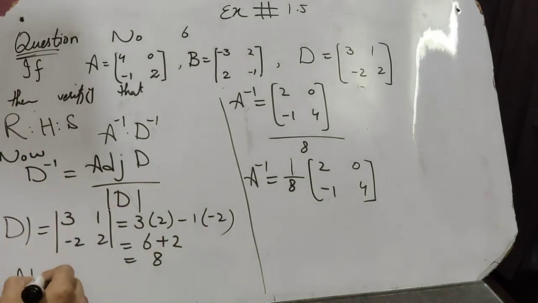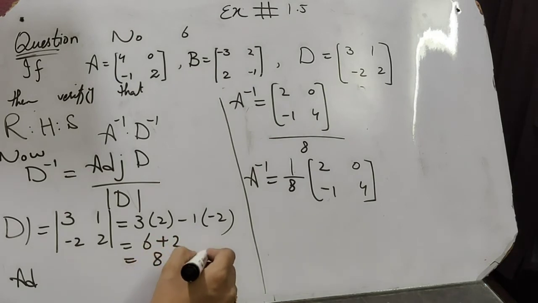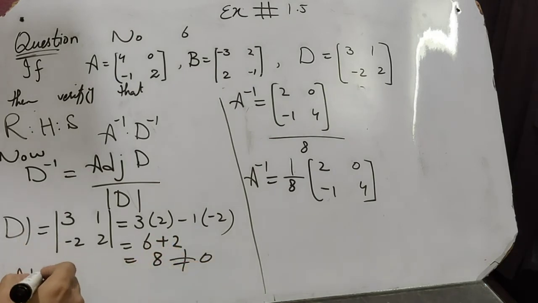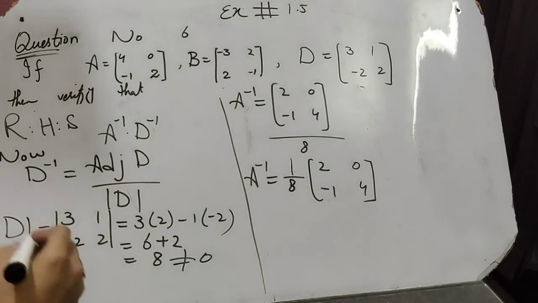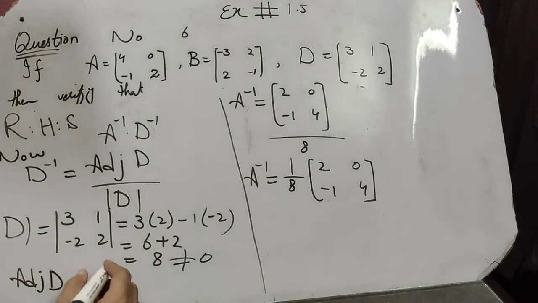Now, because 8 can never be equal to 0, we can find the adjoint of D. And the adjoint of D will be equal to [2, -1; 2, 3].